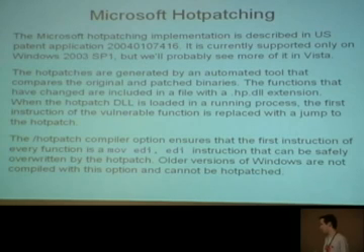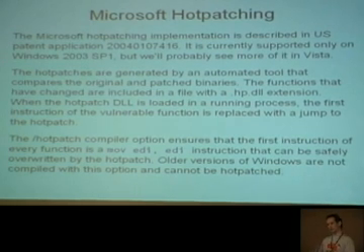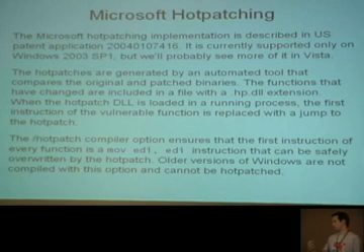Now this approach has a few drawbacks. One is you can only replace at a function level. If you want to do something at a deeper level inside a function, you can't. And the other drawback is that since you're replacing this whole function, you can't modify any data structures or classes that this function uses.